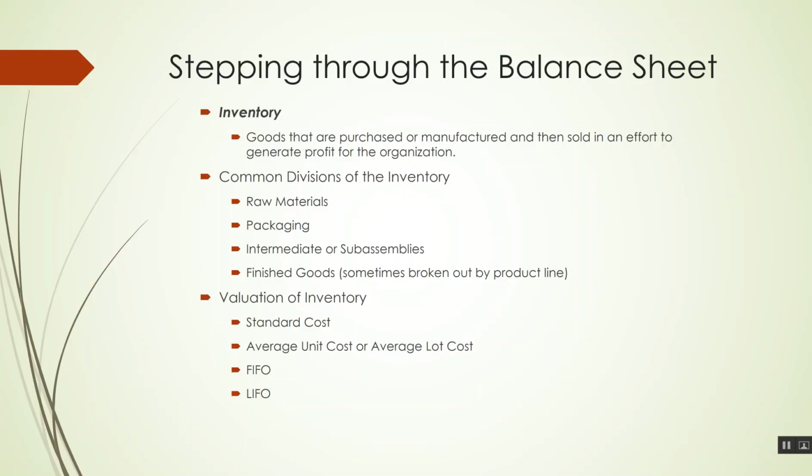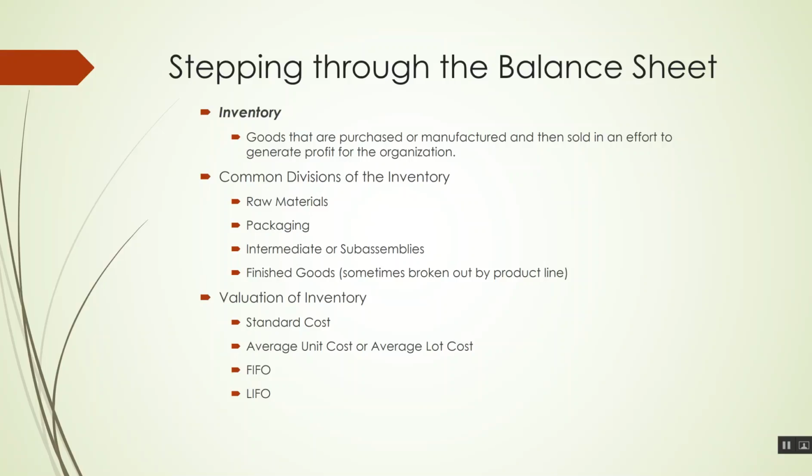Then finally we have FIFO and LIFO. FIFO represents first in, first out, whereas LIFO represents last in, first out. So basically with this methodology, you're keeping track of what we call costing tiers. Anytime you receive this inventory into the system, you're establishing a new cost tier for that product.